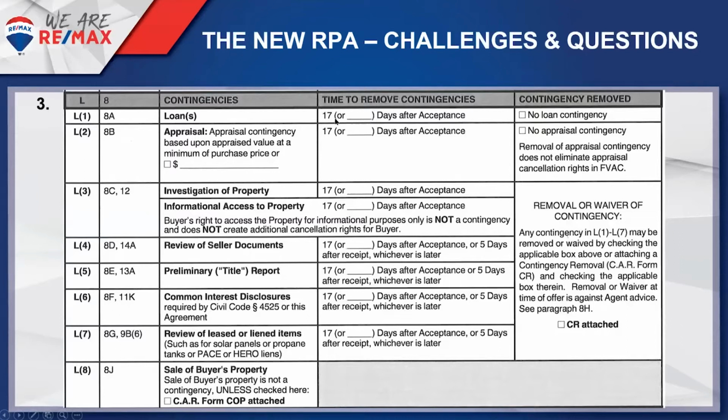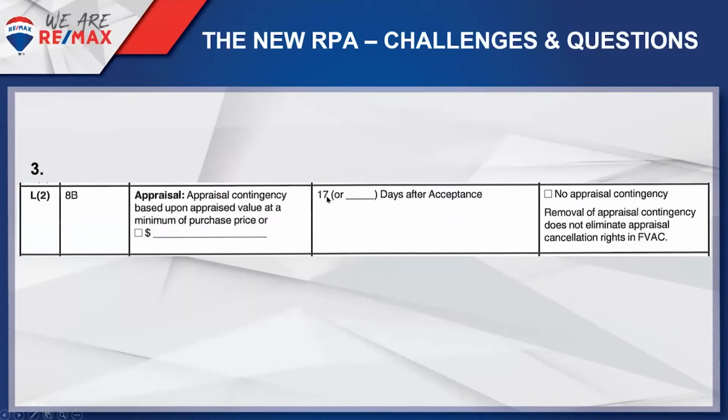They've standardized those. And so most of you have picked up on that. And so the appraisal contingency then is in fact 17 days after acceptance. Once the 17 days are gone, the seller can compel the buyer to remove the appraisal contingency if there is one. I know we have a lot of transactions today that don't have appraisal contingencies or have modified appraisal contingencies, and that's what I want to talk about a little bit.